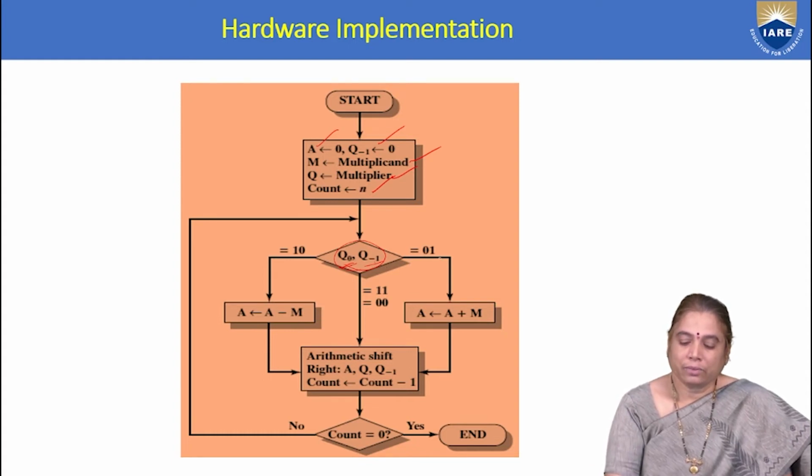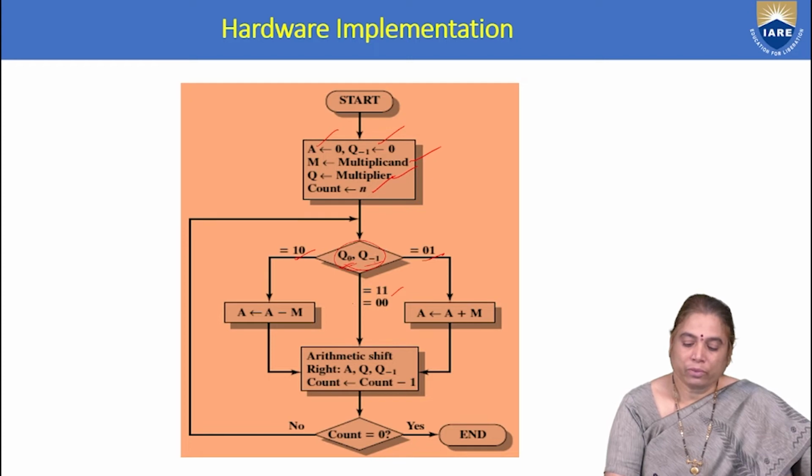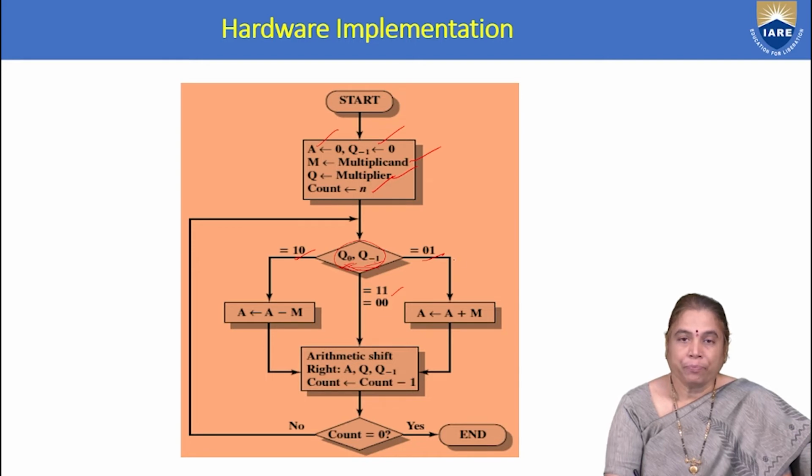It checks whether the bits contain 0, 1 or 1, 1, 0, 0 or 1, 0. With the 2 bits, the 4 possible combinations are 0, 0, 0, 1, 1, 0, 1, 1. If the 2 bits contain the value 0, 1, then the A value is added with the multiplicand.